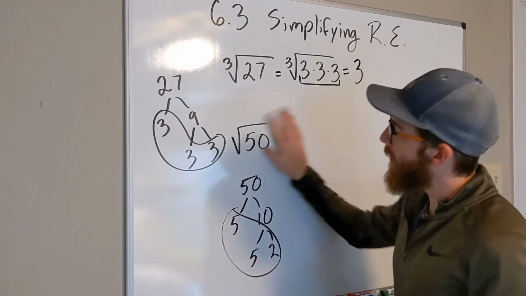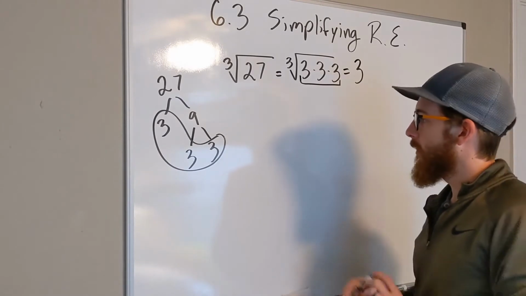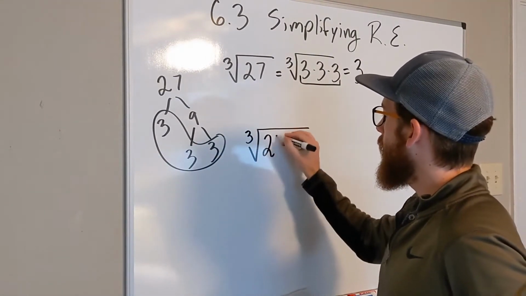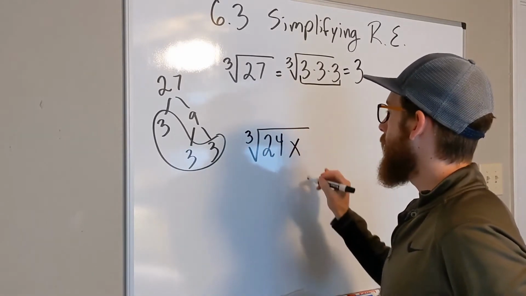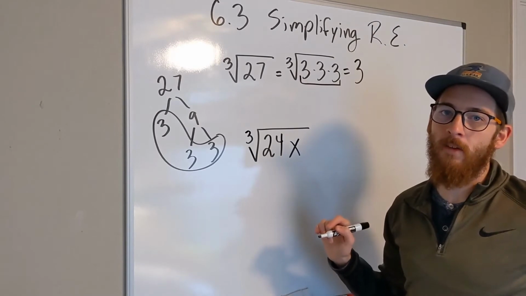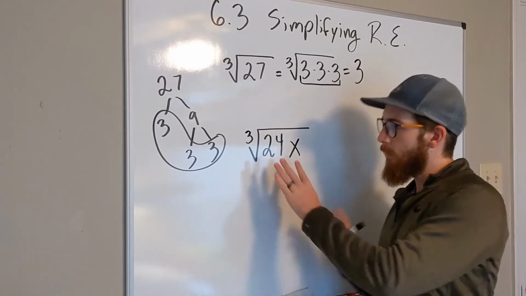Okay? But what if we had an example where something was left inside? For example, I don't know, the cube root of 24x. Oh, I added an x this time. Okay, so we have to think. First, always just one step at a time.